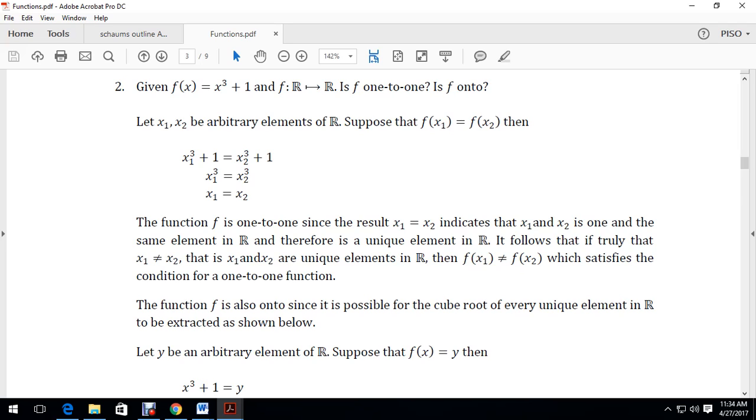Since x sub 1 is equal to x sub 2, we are referring to only a single element in R. It follows that if truly x sub 1 is not equal to x sub 2, and x sub 1 and x sub 2 are unique elements in R, then f of x sub 1 is not equal to f of x sub 2, which satisfies the condition for a one-to-one function.